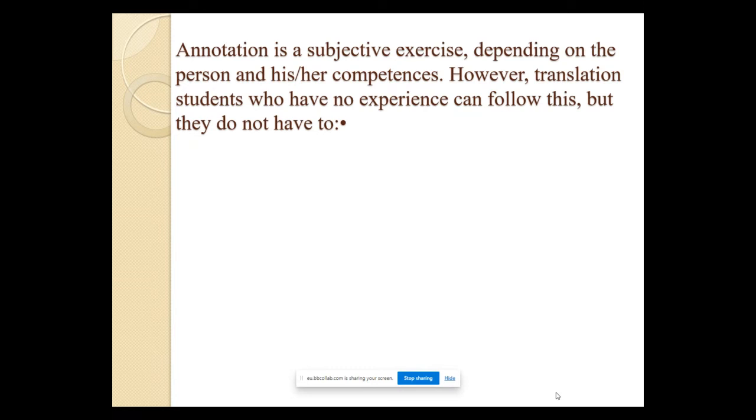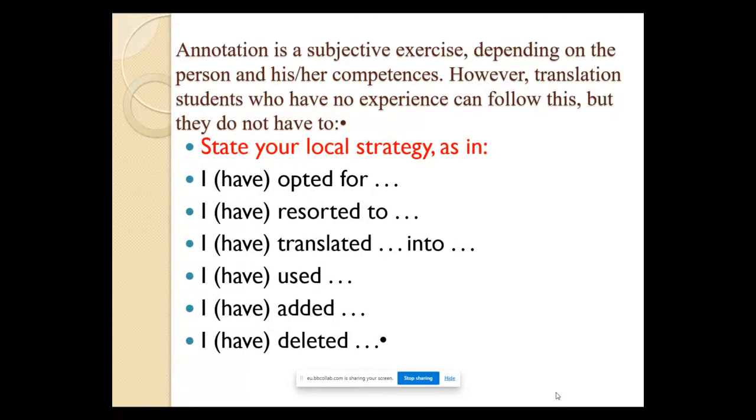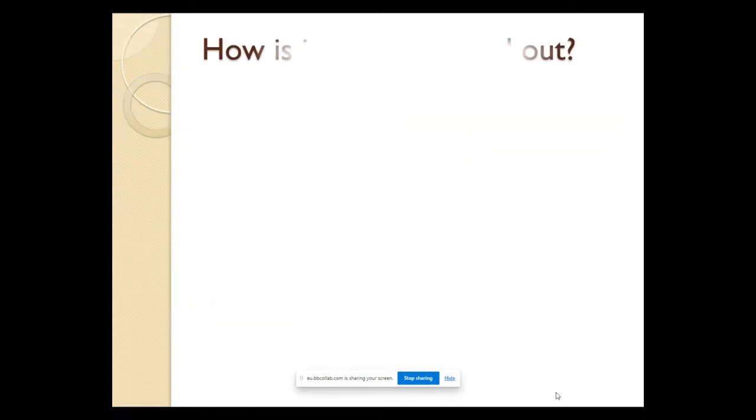So I'm going to show you some tips that you can take into account when you have a translation commentary. For example, you have to state your local strategy, as in تبدأ تسأل نفسك I have opted for, I have resorted to, translated X into Y, used X, I added X, I deleted Y. And for each of them, you must provide a reason for doing that.